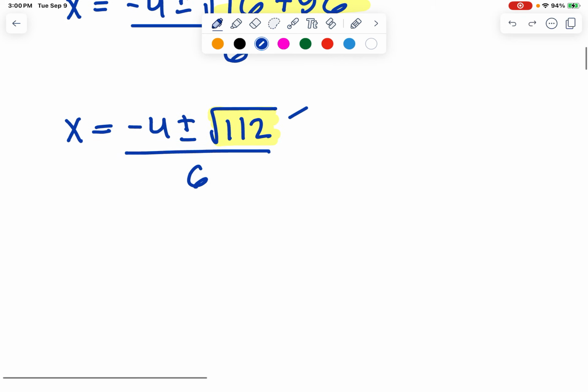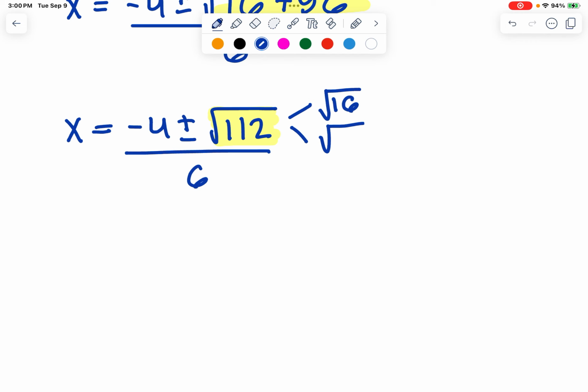But root 112 is simplifiable. So I need the biggest perfect square that goes into 112. So my first thought is 4 goes into 112, 28 times. But 28 still has a perfect square in it. So I know that something bigger goes in. So then I say, okay, does 16 go in there? And 16 does go in there. Yes, 7 times. I didn't do that in my head.